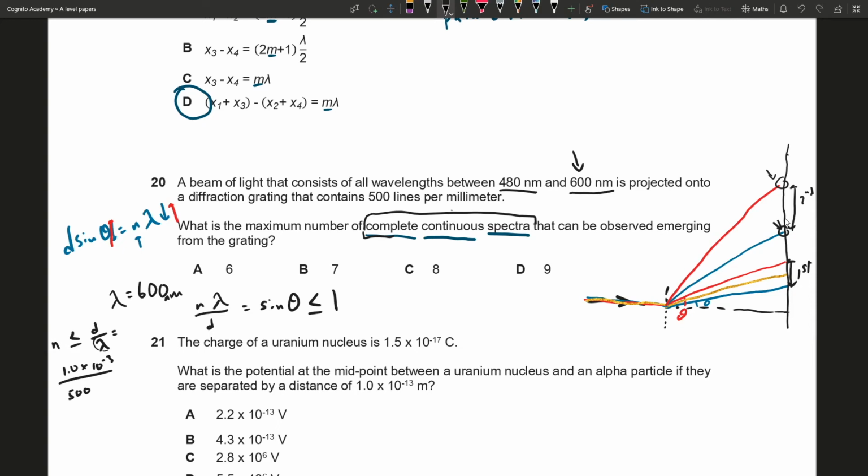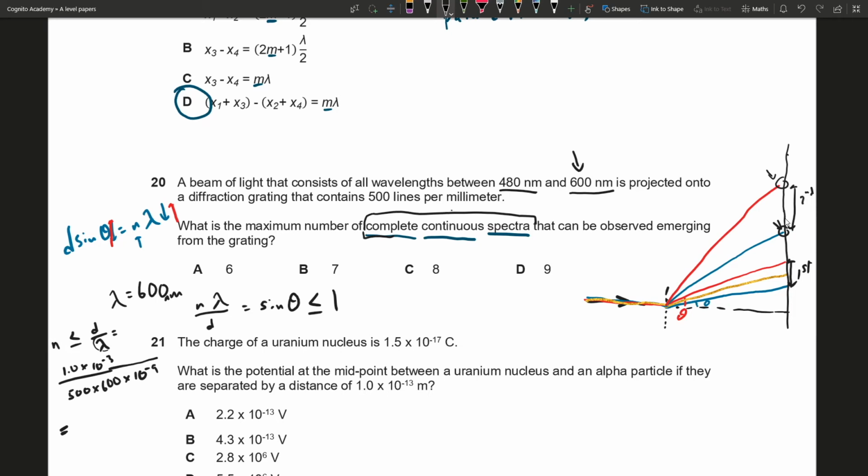Our wavelength here is 600 nanometers, so 600 times 10 to the power minus 9, and that equals, putting that into my calculator, 1 times 10 to the power of minus 3 over 500 times 600 times 10 to the power of minus 9.